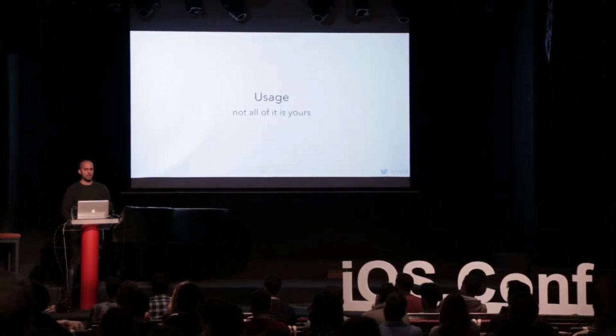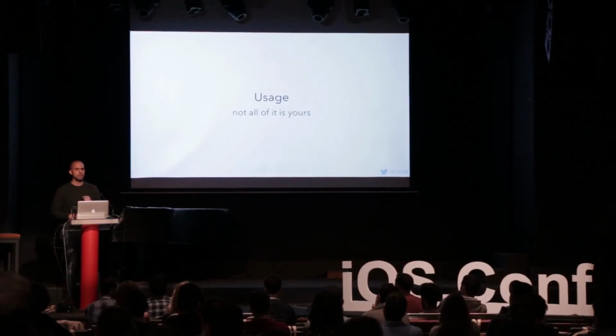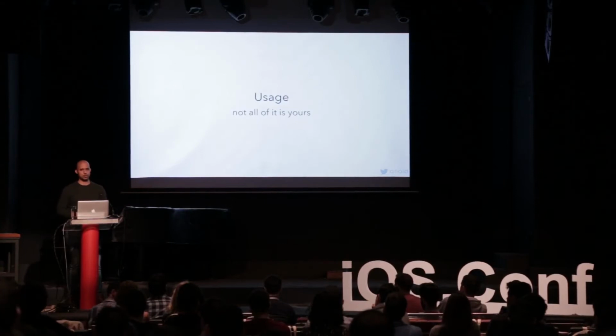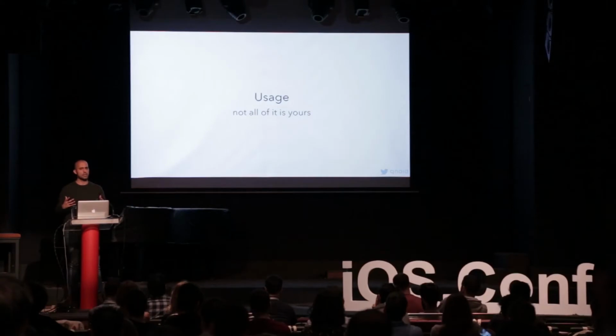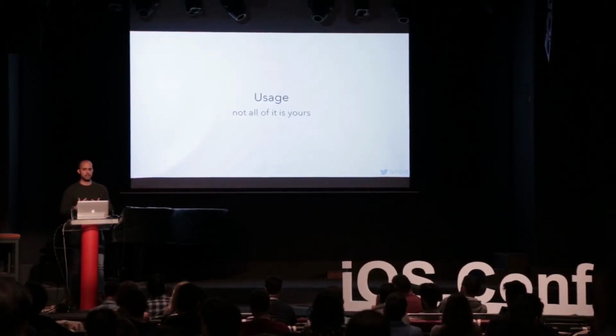The trick with that, and something you have to be mindful of, is that not all of it is yours. For better or worse, the operating system occupies memory, other apps occupy memory. So it's not that you have 500 megabytes of RAM to yourself, okay?